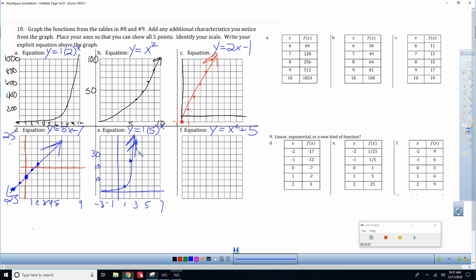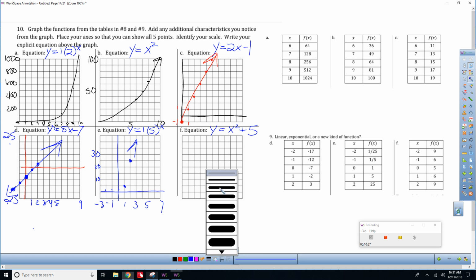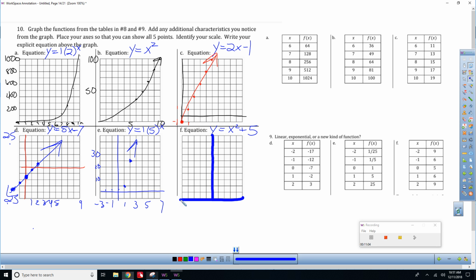Finally, F. Oh, this one's not bad. We can just do these with each one worth 1 if we just do it like this. Here's our axes. Okay, we'll call each one 1.